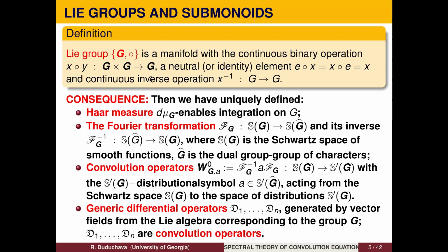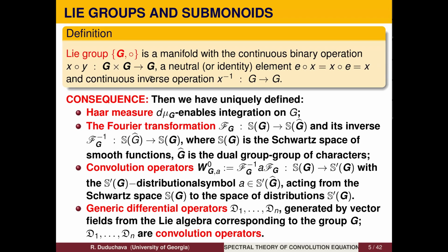And we have generic differential operators, which means that we have differential operators which are convolutions, and they belong to the Lie group. To every Lie group is assigned a Lie algebra, which consists of vector fields. And since we have vector fields, that means that we have differential operators defined by these vector fields.